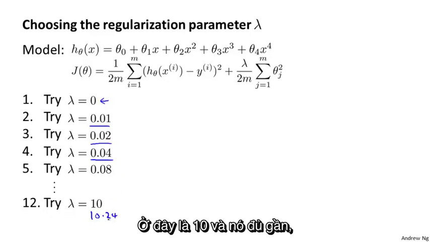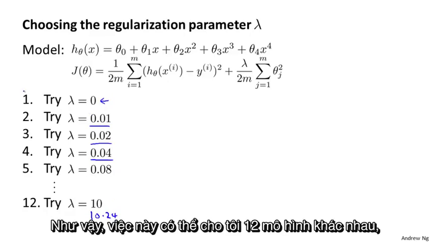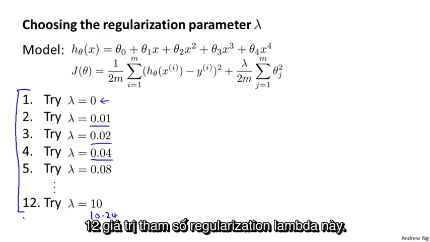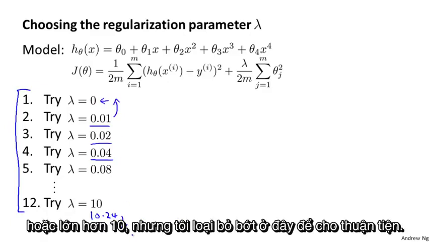But this is close enough, and the third and fourth decimal places won't affect your result that much. So this gives me maybe 12 different models that I'm trying to select amongst, corresponding to 12 different values of the regularization parameter lambda. And of course, you can also go to values less than 0.01 or values larger than 10, but I've just truncated it here for convenience.